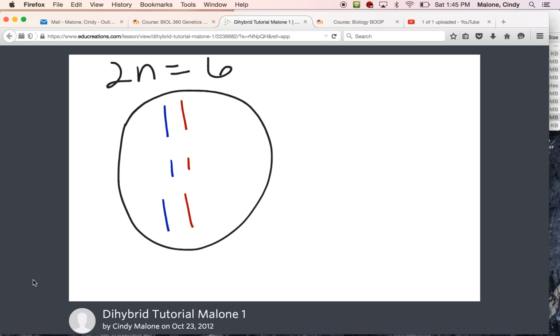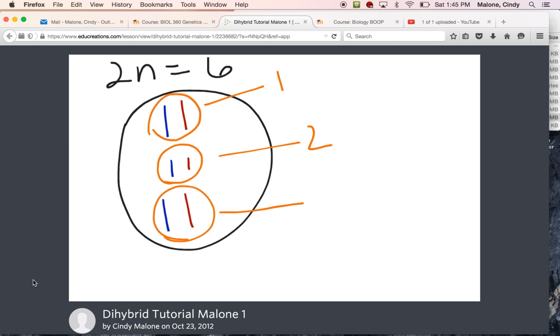That means we have 3 homologous pairs, right? Just like the same stuff that I've been talking about in class, this pair would be chromosome number 1. This pair would be chromosome number 2.